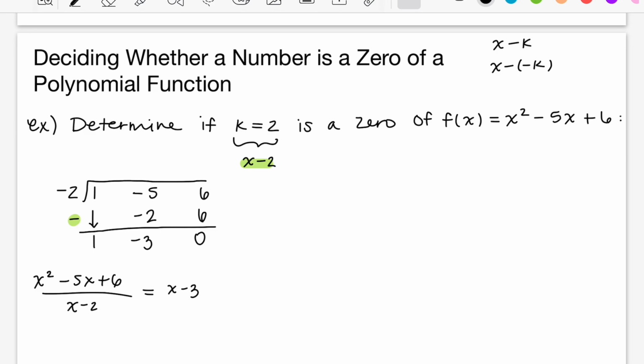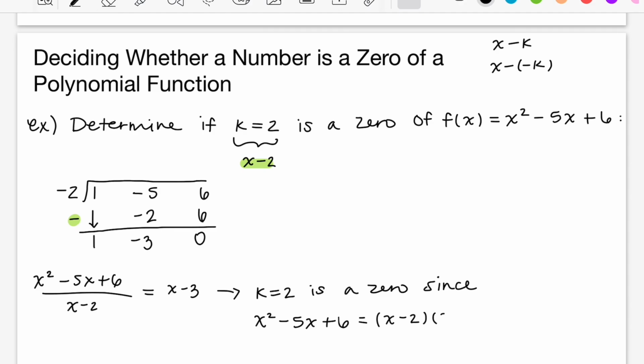This tells us that this is a 0, since x minus 2 is going to be a factor of this polynomial, because we know from performing the synthetic division that x minus 2 times x minus 3, the quotient we got when performing this, is equal to our original polynomial. So it's clear from this that plugging in 2 here into this will give us 0, and then we also see that we have another 0 here when x is going to be equal to positive 3.